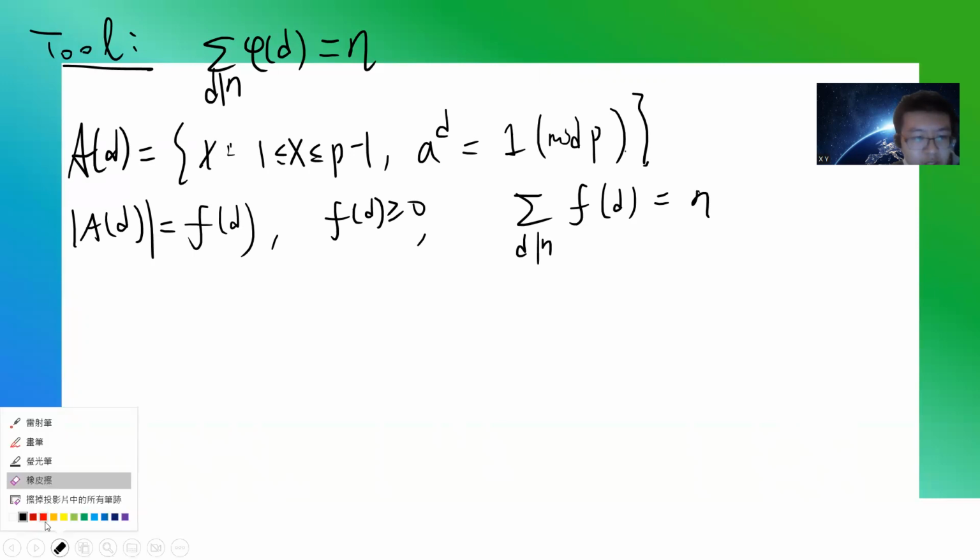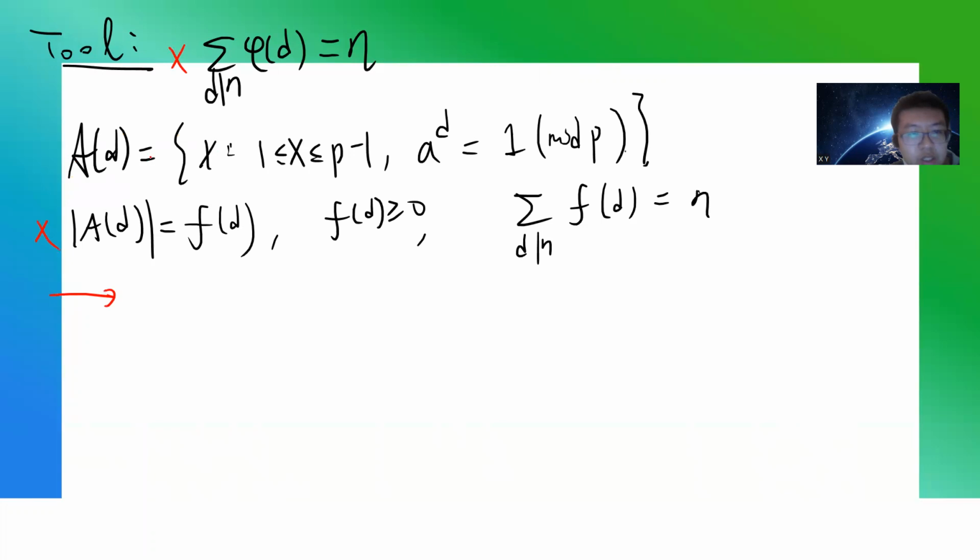Okay, so this means what? I combine this and this, and what we got is following, right? So we get the sum of phi(d), d divides p minus 1, because you choose n to be p minus 1. And so the sets A of d are disjoint.